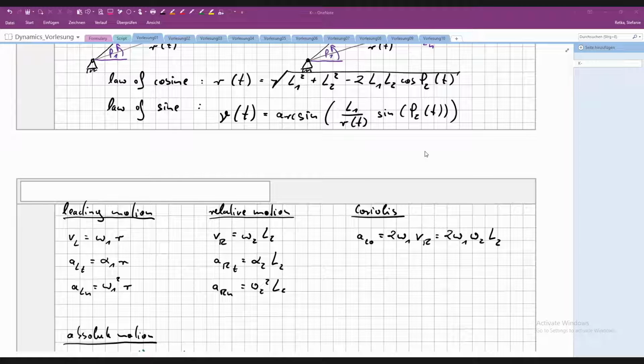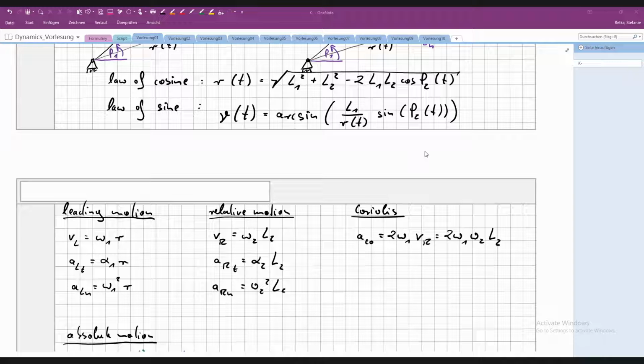Okay, so what you had to do was simply stating the equations that are written in the formulary on your paper for the specific example given, so dependent on the specific lengths and angular velocities and accelerations. In our case, we have leading motion, relative motion, Coriolis acceleration, and all the components exist, nothing is zero.